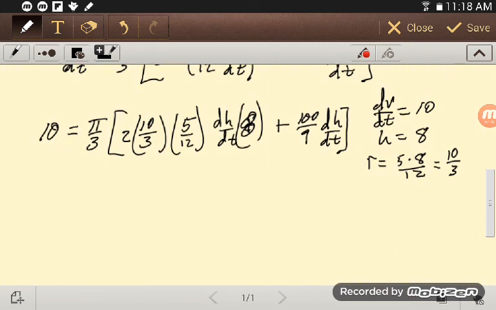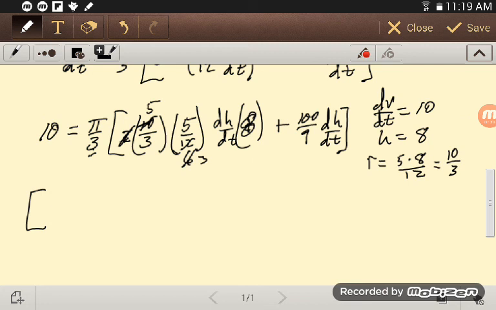Before I switch sides, I'm going to divide both sides by pi over 3. Then the 2 and the 6 simplify, and 10 over 6 I could write as 5 over 3.